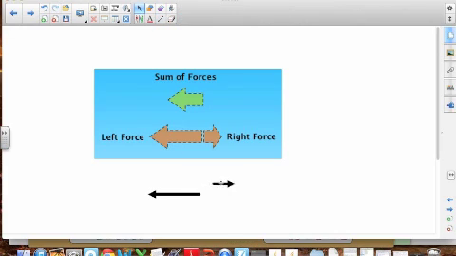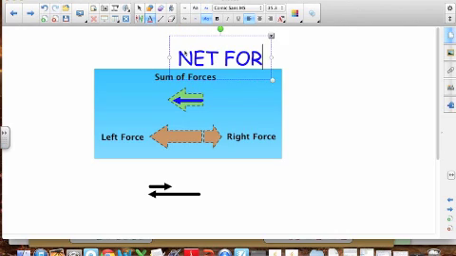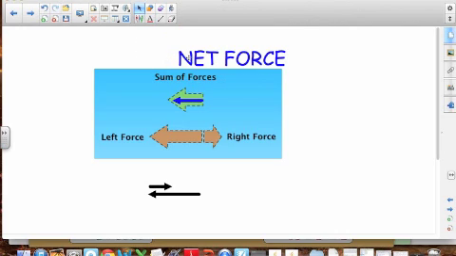And you can see that the force pointing to the right kind of cancels out some, but not all, of the force pointing to the left. That means that the sum of those two forces, or if you add the two forces together, then you get this net force in blue. So that is the net force. It's just what you get when you add all the forces together.